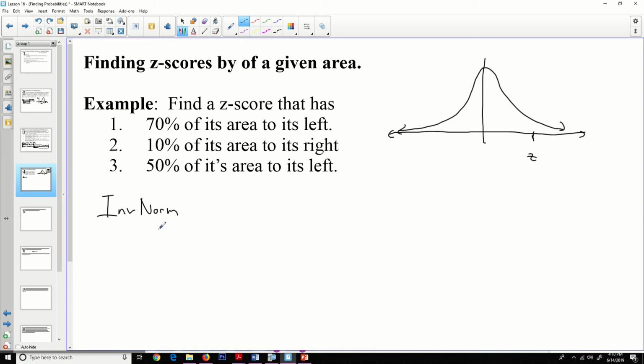What we've been doing is, given either a z-score or a position with a known mean and standard deviation, finding areas under the curve. Now, if you have the area, find the z-score. That's the opposite, which is why it's an inverse.